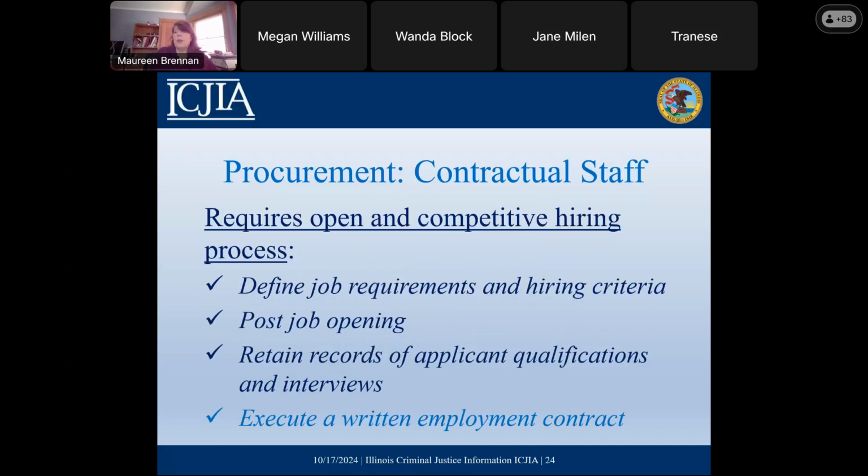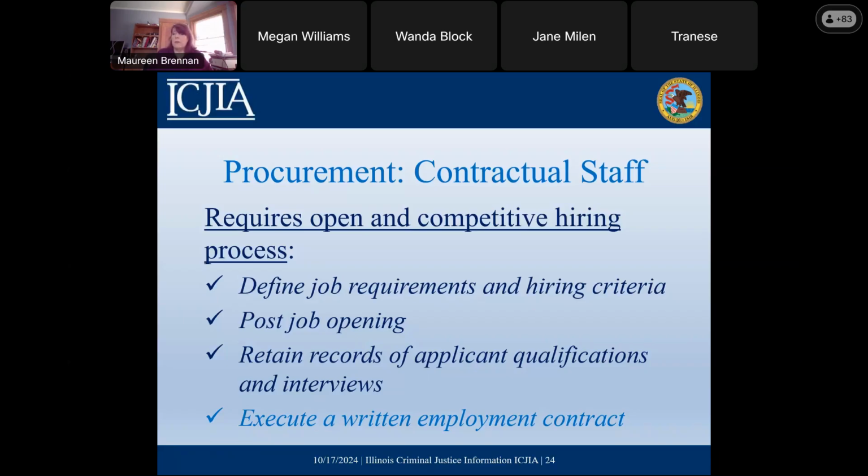Now, for contractual staff, just like hiring payroll staff, it still has to be an open and competitive hiring process. So again, you have to define the job requirements and the hiring criteria. You have to post that job opening, and you have to retain records of the applicant qualifications and interviews. And then you have to execute a written employment contract.